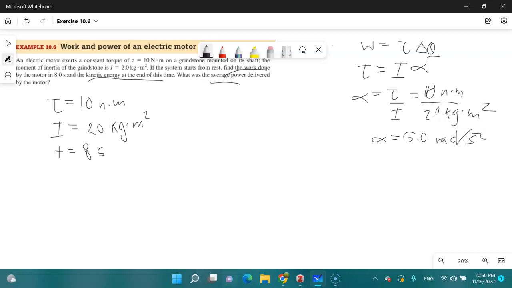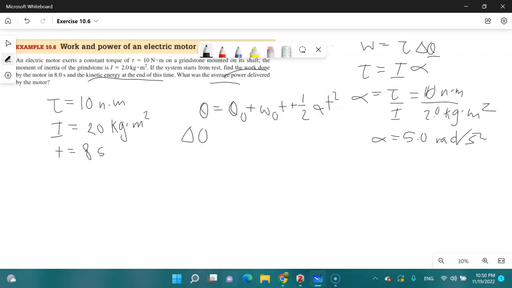And then we're being asked to find the work done by the motor at the end of the 8 seconds. So now we have to get theta, and we'd use the equation theta initial plus omega initial times t plus half alpha times t squared.